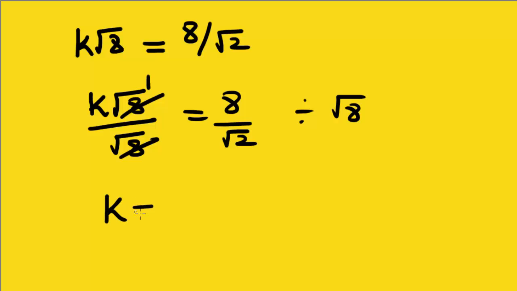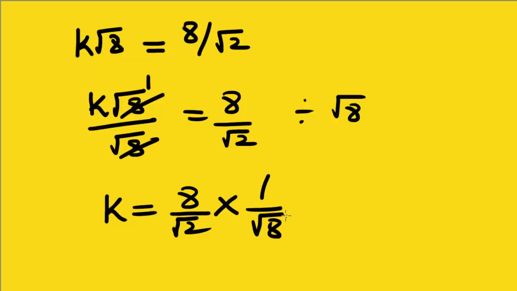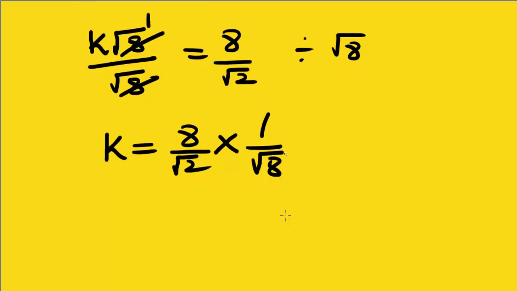And so that gives k equals 8 over root 2 divided by root 8. I'm going to change the division sign to a multiplication sign, and whenever you do that, you have to take the reciprocal of the term following the division sign. So the reciprocal of root 8 is 1 over root 8. Reciprocal just means you swap the positions of the denominator and the numerator, which is what I've done here. It's a very simple concept.